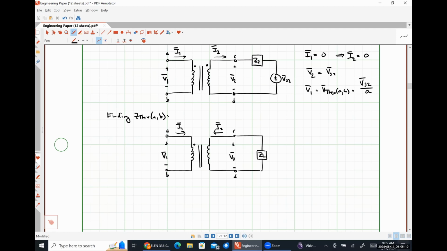So the Thevenin impedance is the impedance seen looking into terminals A and B. What is it going to be?